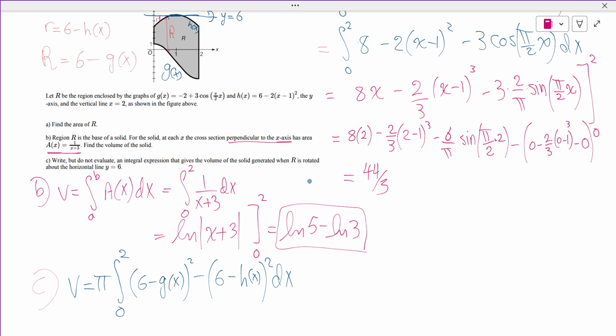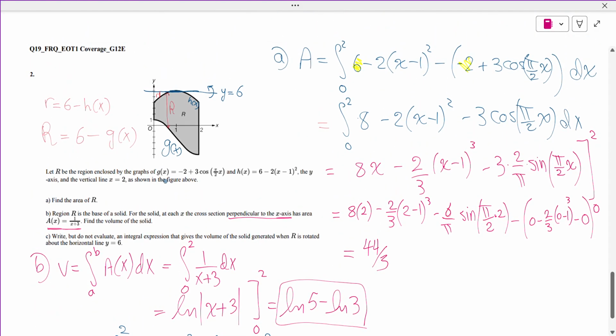If you write g of x minus 6 all squared minus h of x minus 6 all squared, it will be the same. So this is all for question 2 from the file of question 19. Hopefully everything is clear. Good luck.